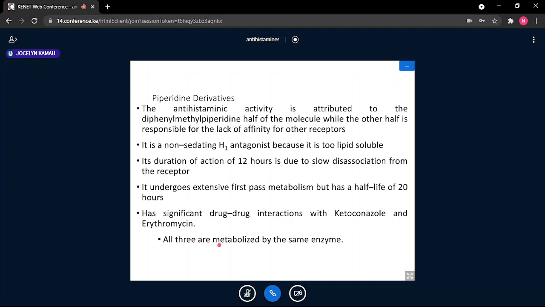It has drug interactions with ketoconazole and erythromycin. All three are metabolized by the same enzyme, cytochrome P3A4.